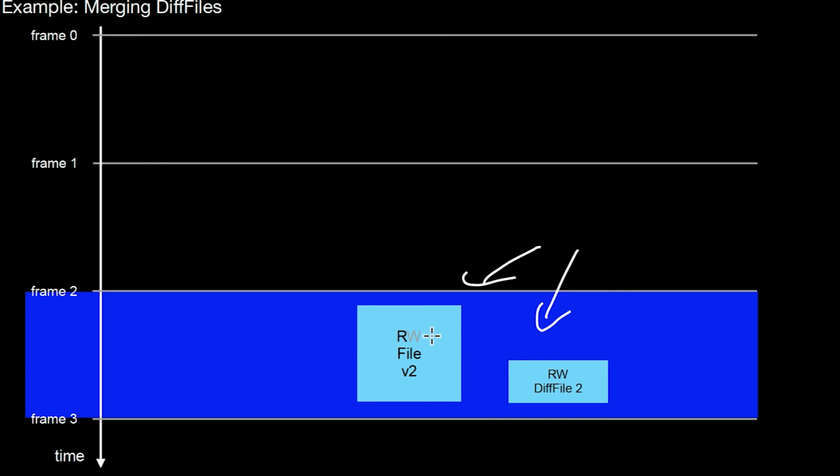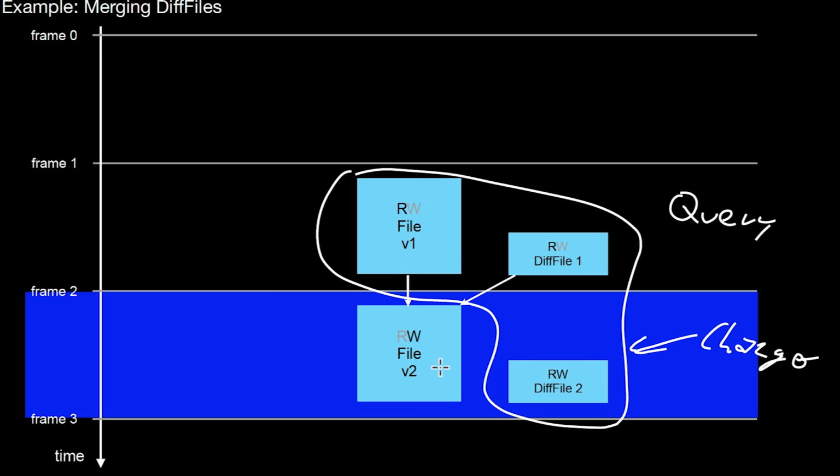We have costs for reading multiple structures, we have costs for writing. But of course, in any merge here, you read the entire v1 read-only file, which may be very, very big. You read it once, you read the differential file once, and you write the sum of it into a new structure. And these costs have to be balanced with the gains you have by merging them into a new version 2.